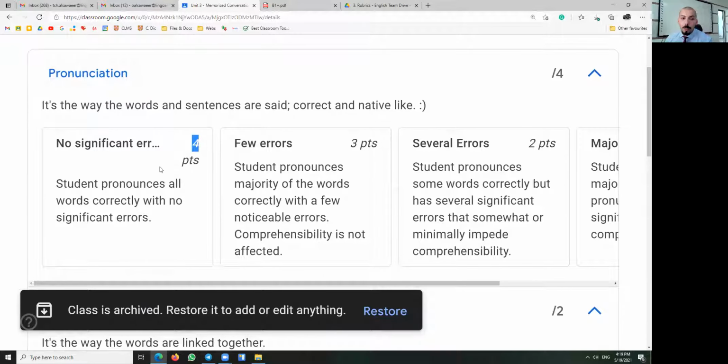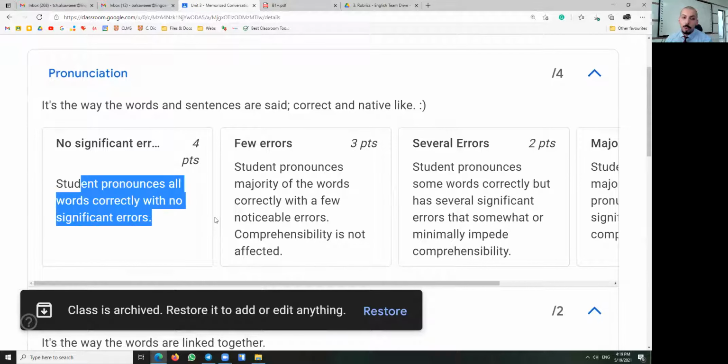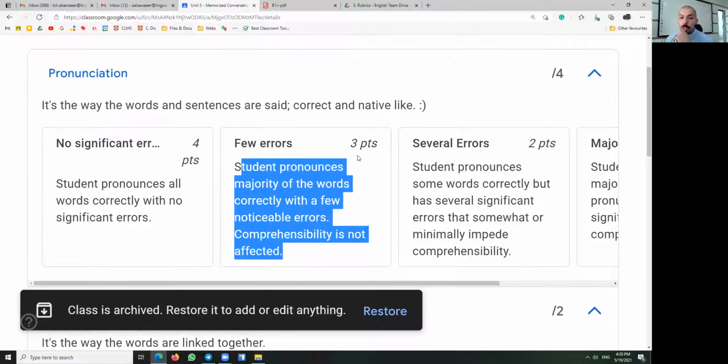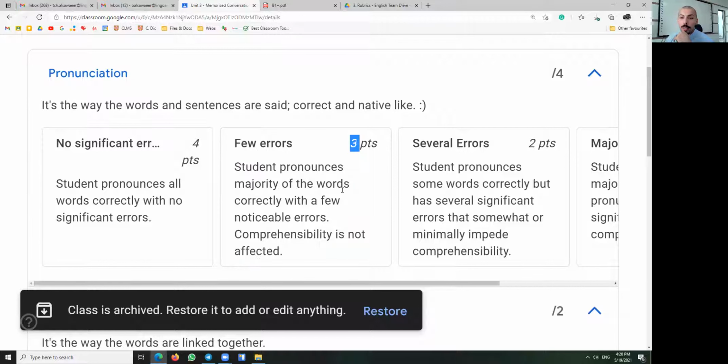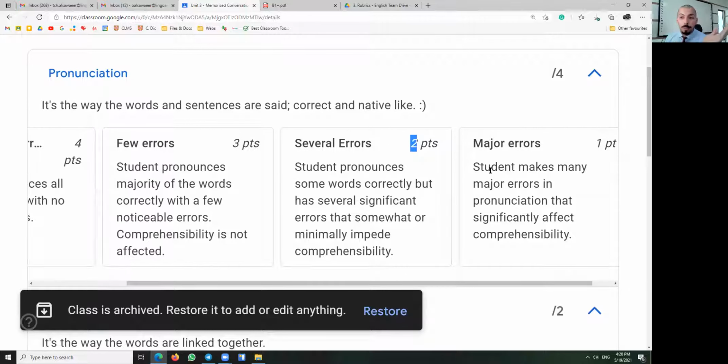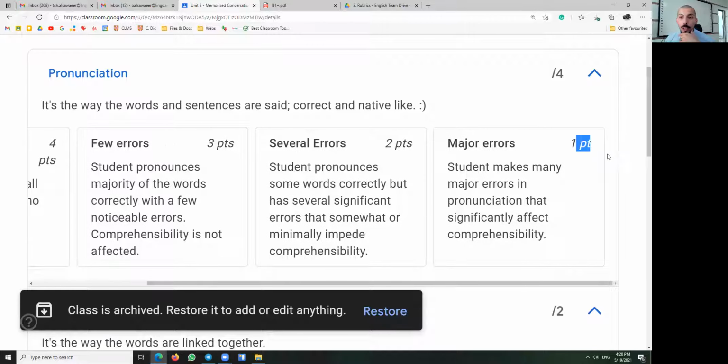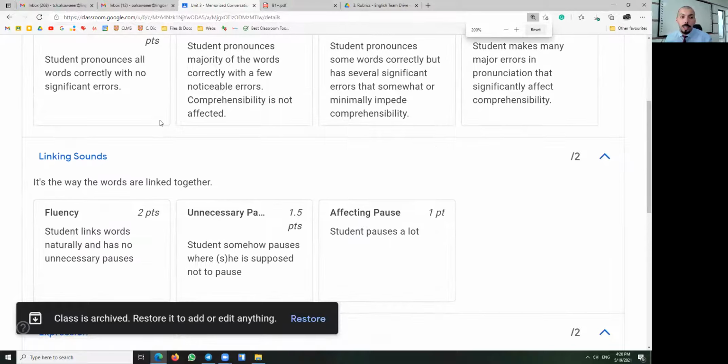For a full mark, you need to say everything correctly with no errors. The errors are like big mistakes. If you made a few errors, you will take 3 points. If you made too many errors, you're going to take 2 points. And if you made a lot of errors, you're going to take 1 point. So you need to be careful. This is the first criteria we have.